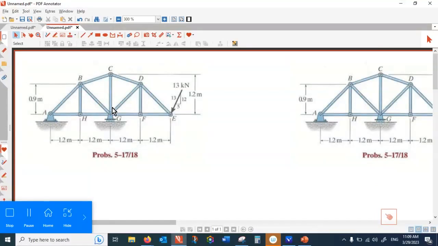To solve the entire structure, you get one reaction at G, two reactions at A, and here we know that the components are 12 and 13. So this is 12, that is 13. Sorry, 12 and 5.